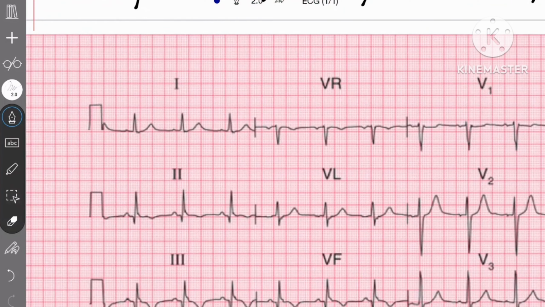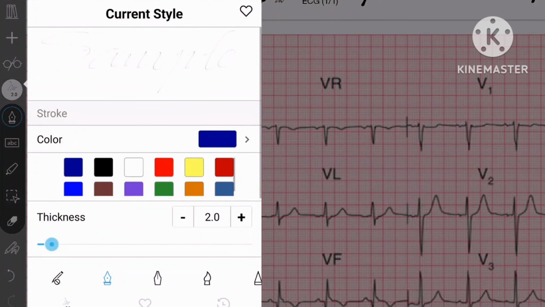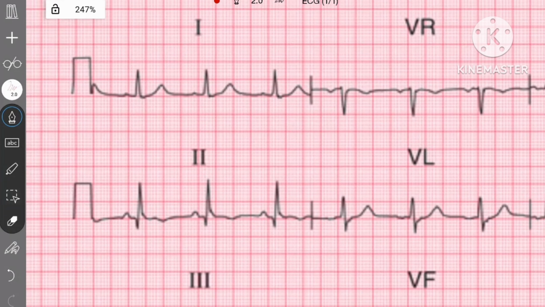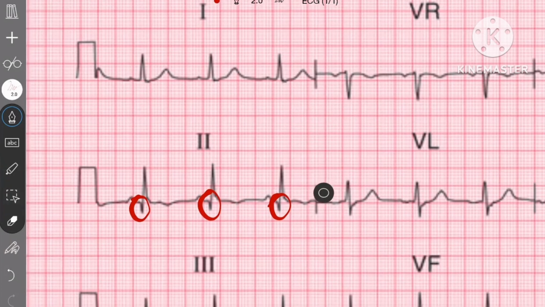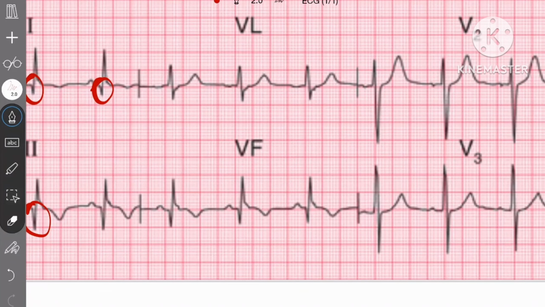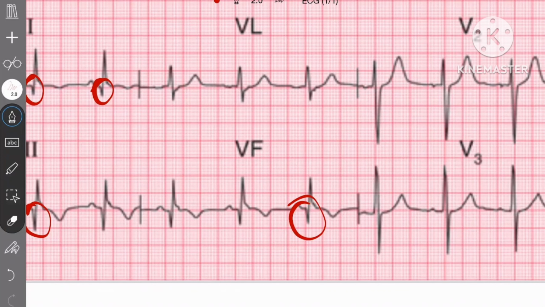We check the Q waves. Is any Q wave prominent here? On lead 2, the Q waves are deep. In lead 3 also the Q waves are deep, and also in aVF the Q waves are deep. So we should understand what we mean by a deep Q wave.